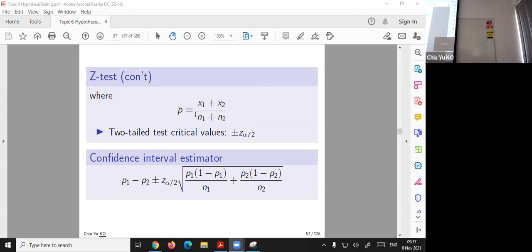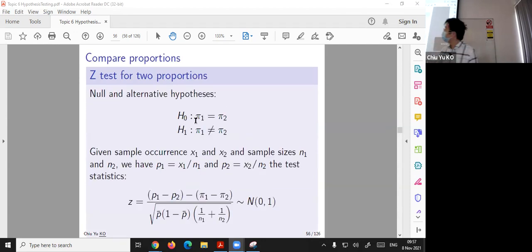Okay, let me repeat the statement here. Why is this a better estimate? Go back to here. The question is, you are claiming Mirror and Error have the same marketing efficiency.